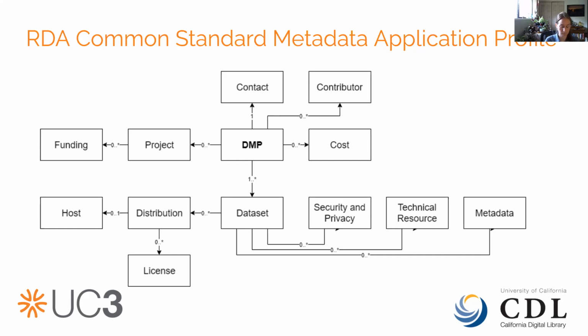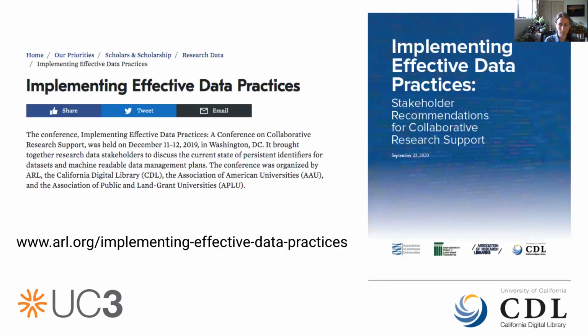Another piece of work that I wanted to draw people's attention to is a report that California Digital Library worked on with ARL, the Association of American Universities, AAU, and the Association of Public and Land-grant Universities, APLU. We had an NSF grant, which brought together about 50 folks who are very involved in research data management.